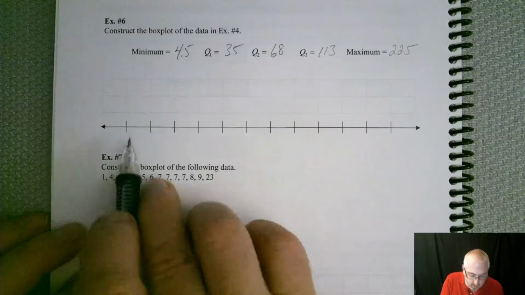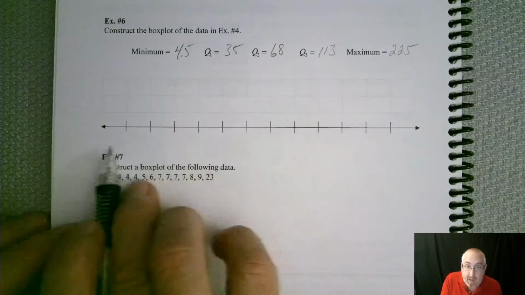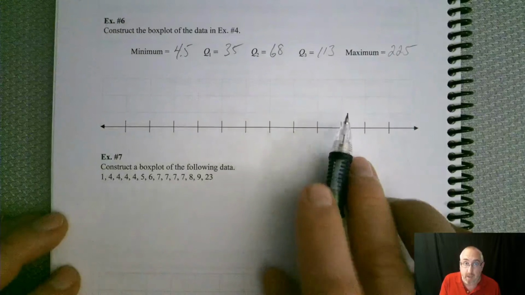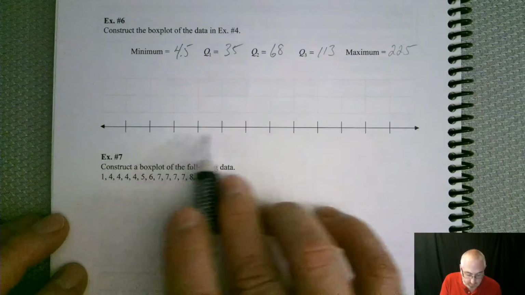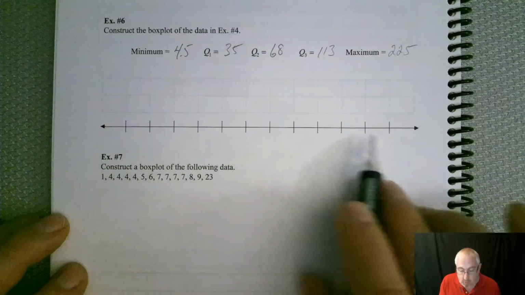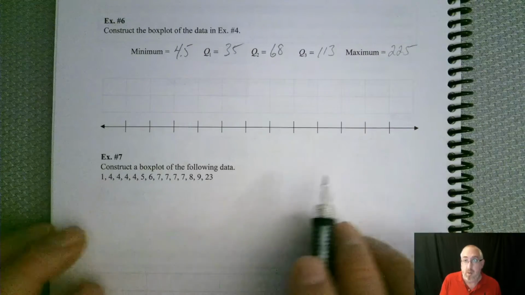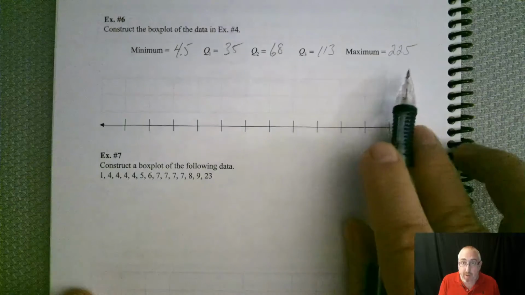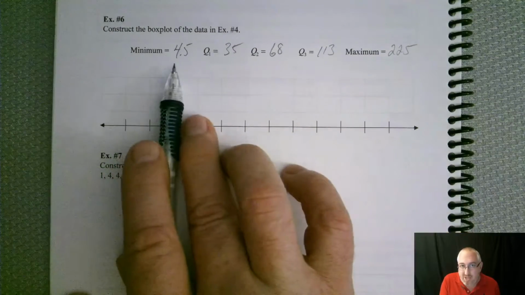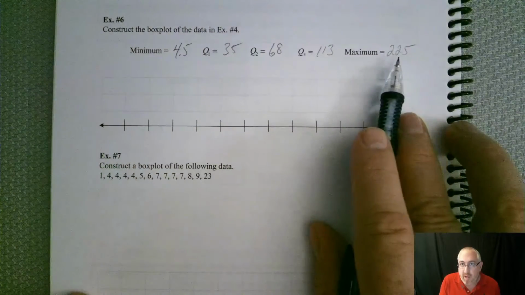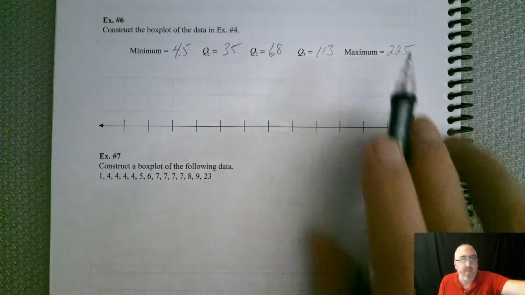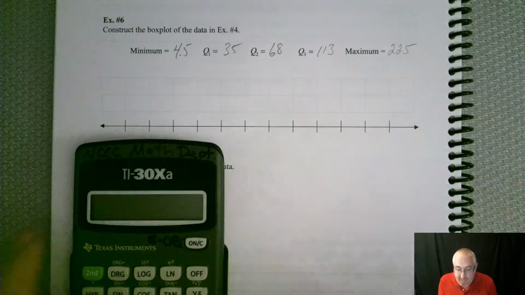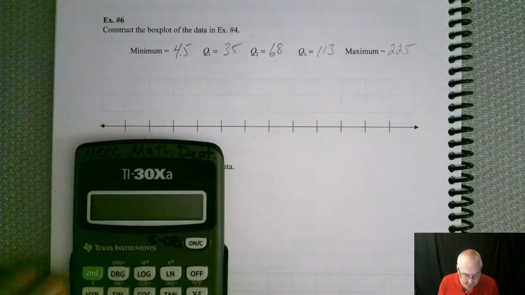So first of all, we have to scale our number line to make sure that it accommodates our data. We have 1, 2, 3, 4, 5, 6, 7, 8, 9, 10, 11, 12 dashes. So 12 dashes, and even if we started at 0, we're looking at 0 to 225. If we wanted to get an idea of how big to make each space, we can use that as a reference.